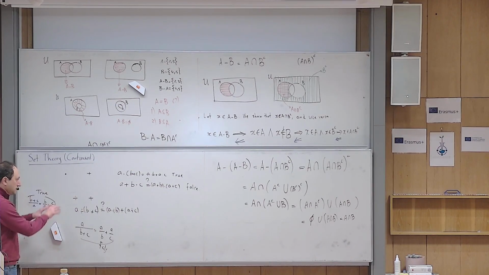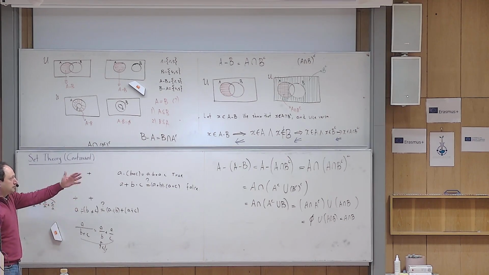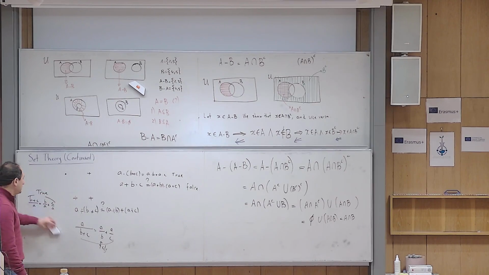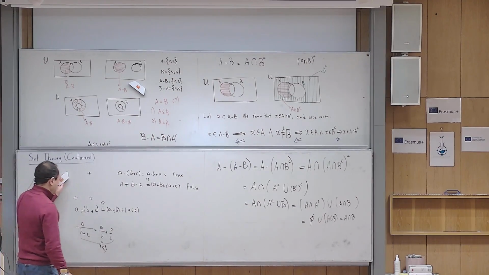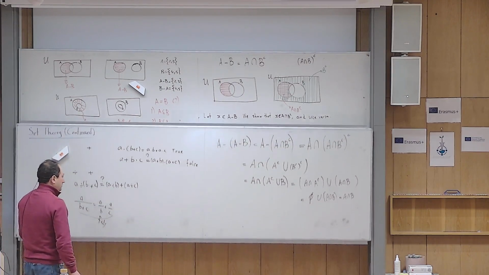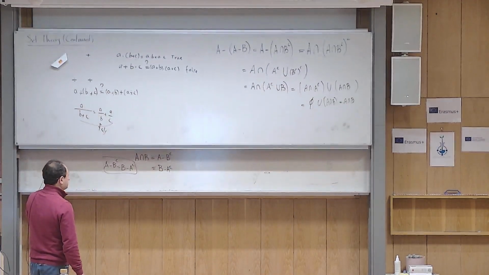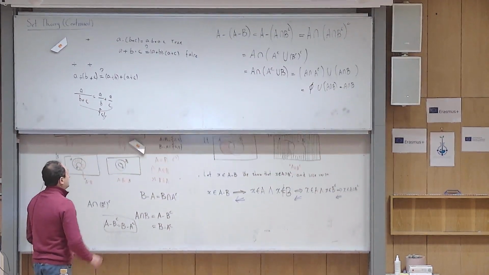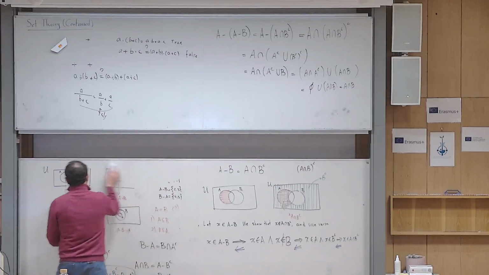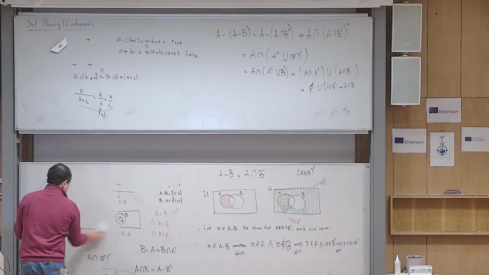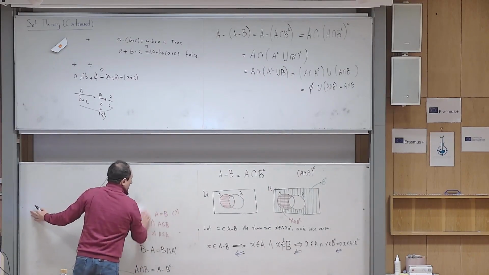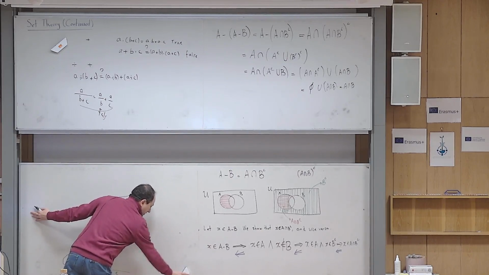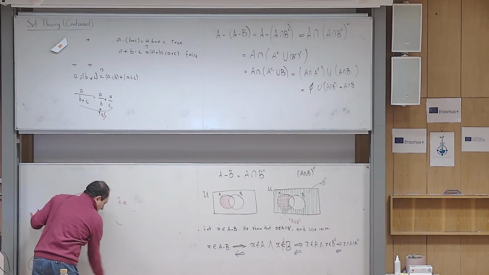Okay. Now you understand what is going on. I want to go back to the world of sets and ask you the same question for these operations, for intersection and subtraction.